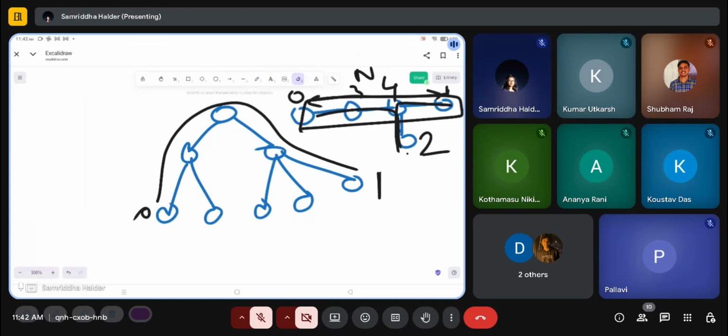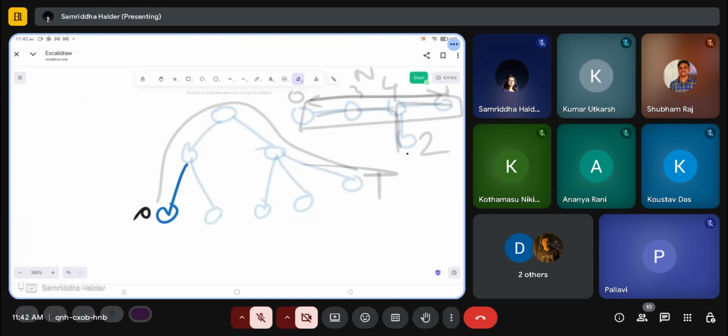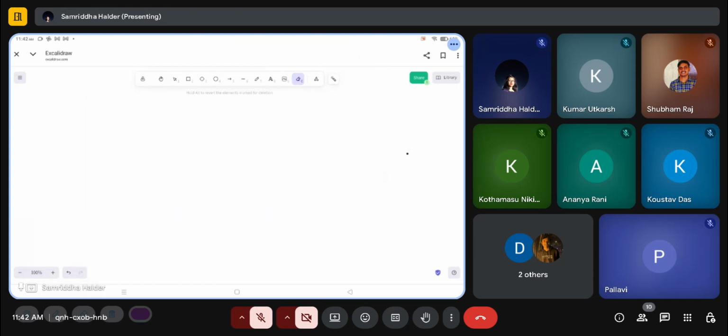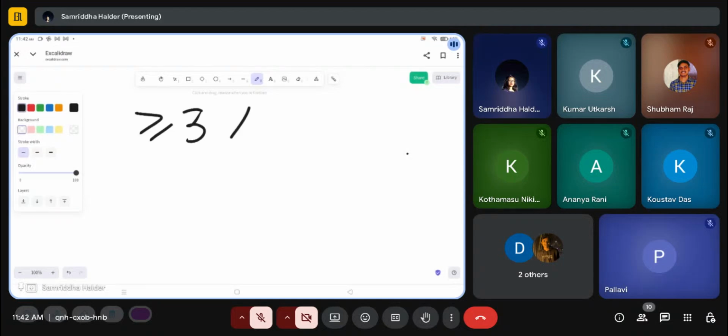The final conclusion that we can make from here is that if we have a tree that has more than 3 leaf nodes, then I can place 0 in one, 1 in one, and 2 in the other leaf, right?